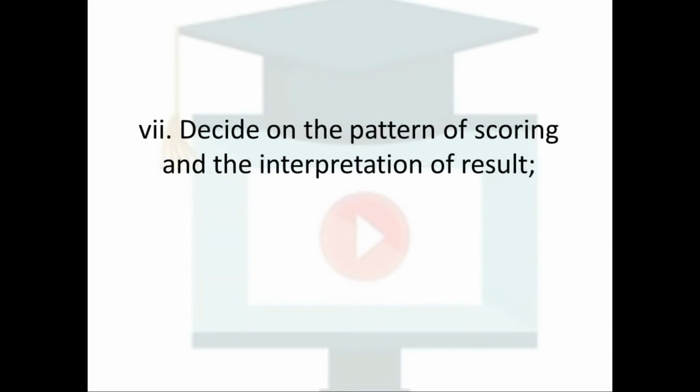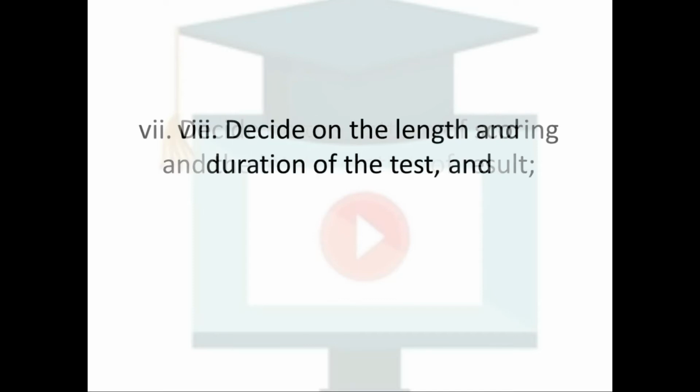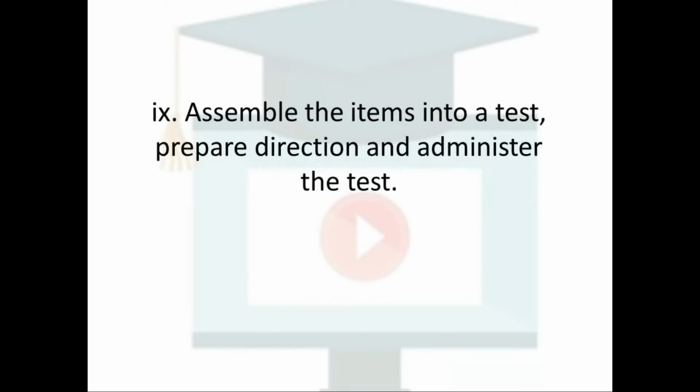Seven, decide on the pattern of scoring and the interpretation of results. Eight, decide on the length and duration of the test. Nine, assemble the items into a test. Ten, prepare directions and administer the test.